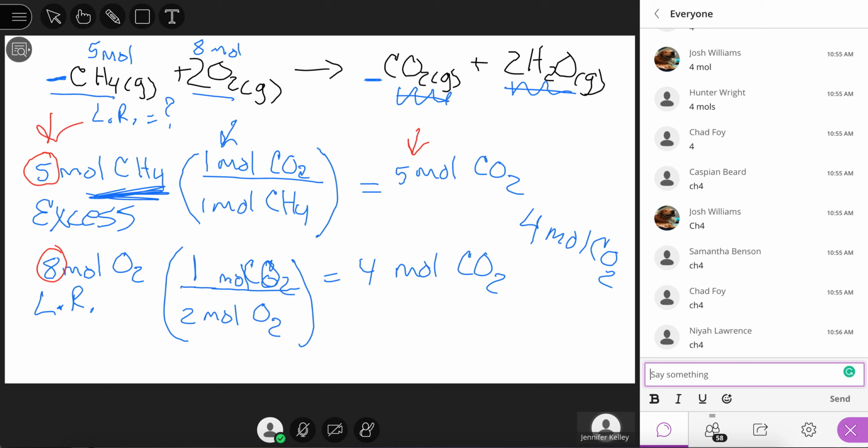This would have worked just as easily to tell me the answer as to which one is the limiting reactant had I used water instead of carbon dioxide. The main thing is I have to pick either carbon dioxide or water. I can't do carbon dioxide here and water there, because it wouldn't give me a good relationship.